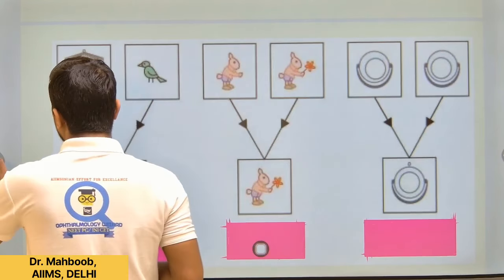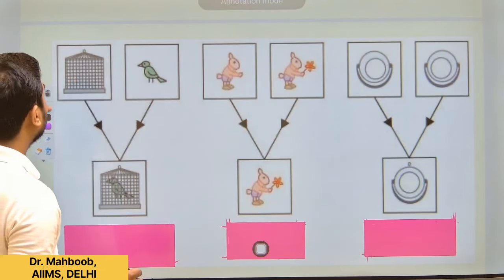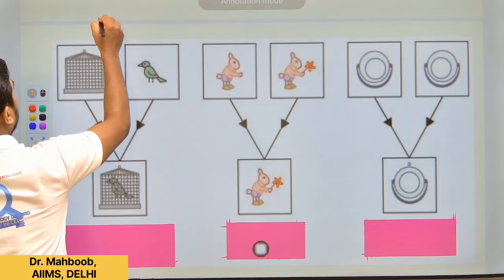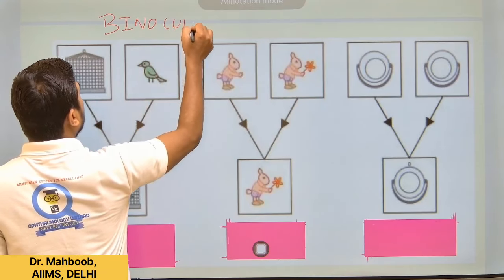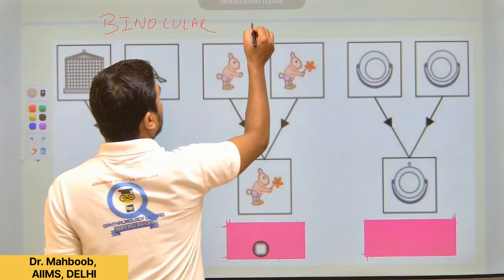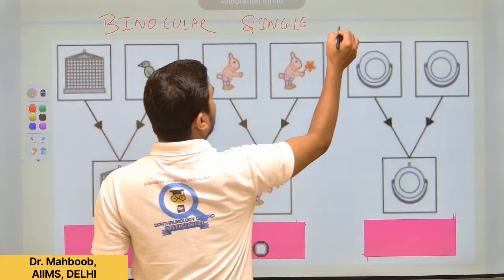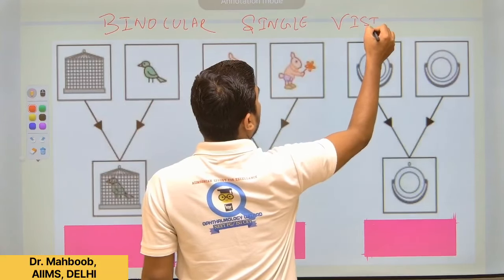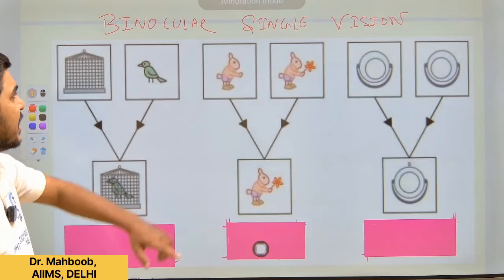For binocular single vision, we need all these three things. So this is the grading of binocular single vision.